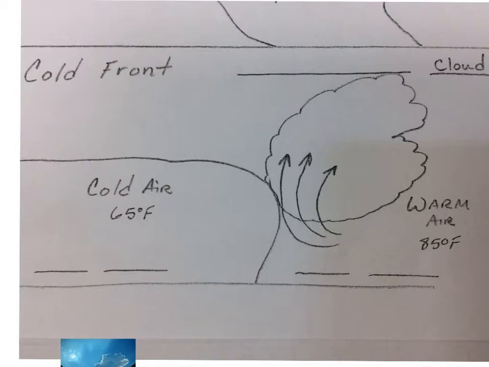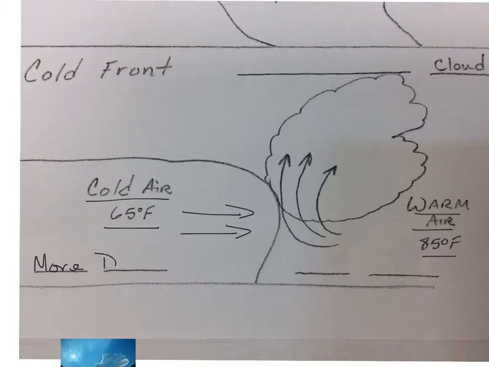So we have cold air at 65 degrees driving into warm air at 85 degrees. For the purposes here, we're going to say the cold air is more dense than the warm air that it's driving into. So the bigger the difference between the two air masses, the more dramatic the rise of the air.